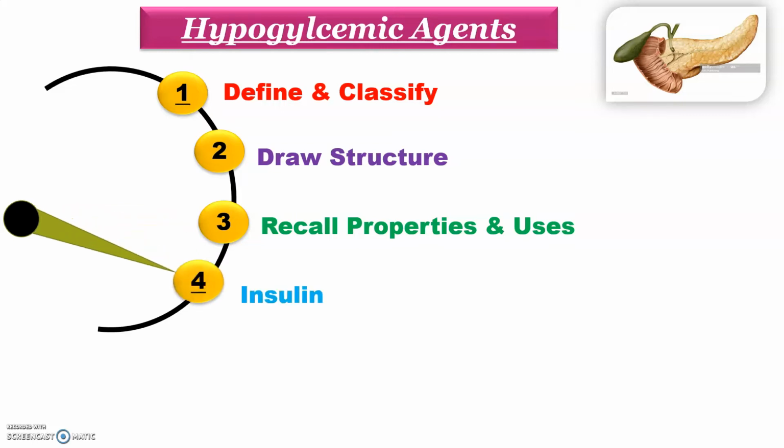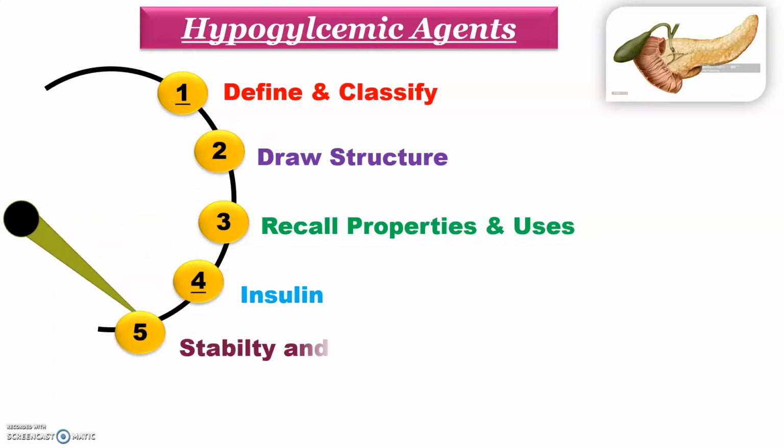And what is insulin? What are the different categories under insulin, their stability and their storage? These are the 5 important outcomes. After the completion of this topic, students or learners will be able to achieve all these 5 outcomes.